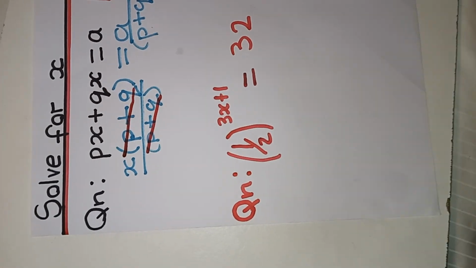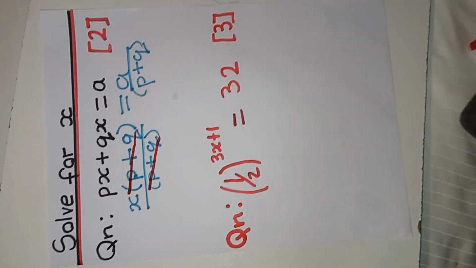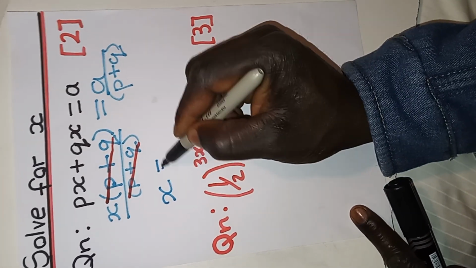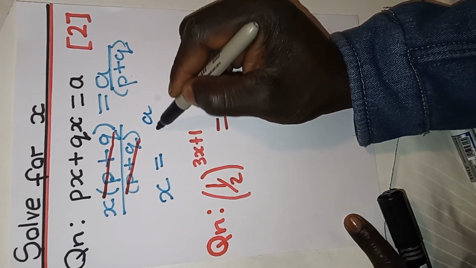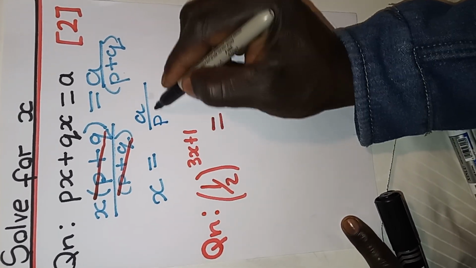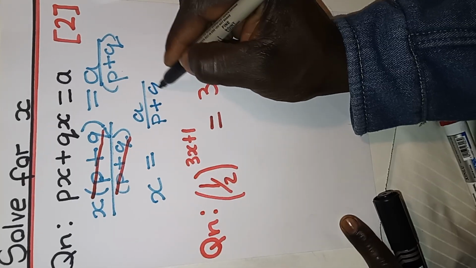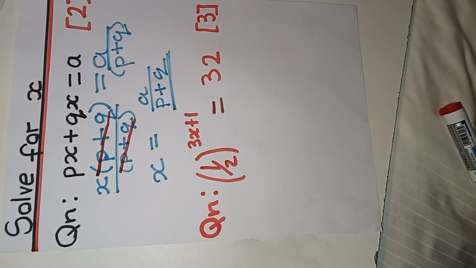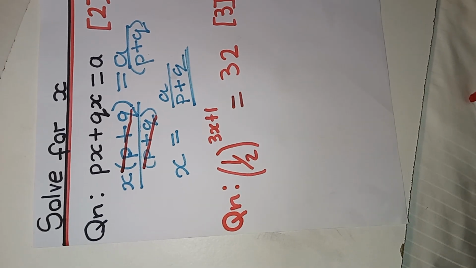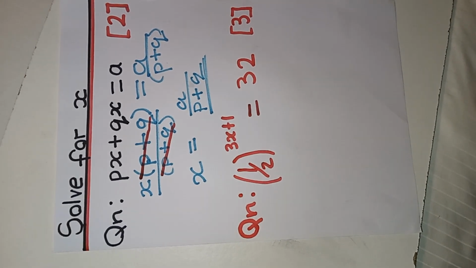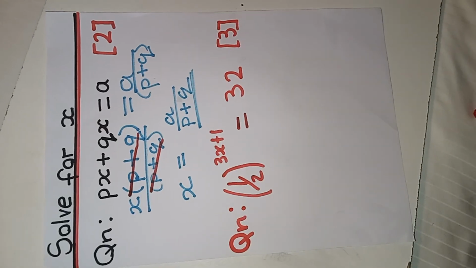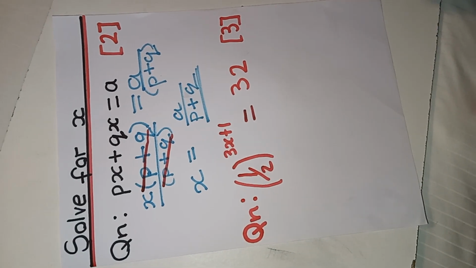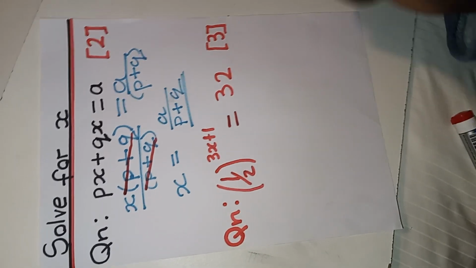Then finally we have our answer as x being equal to a over p plus q, and this is our final answer. That's how we make x the subject of the formula when x is on two terms.